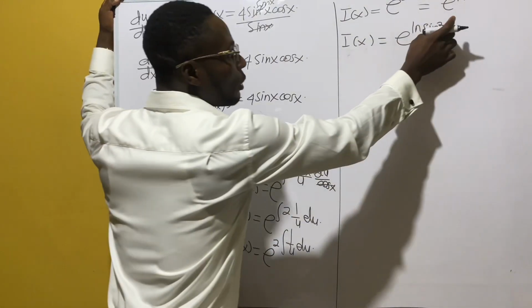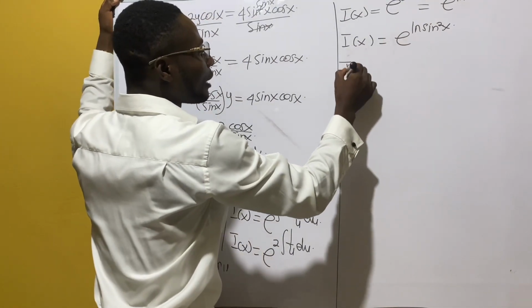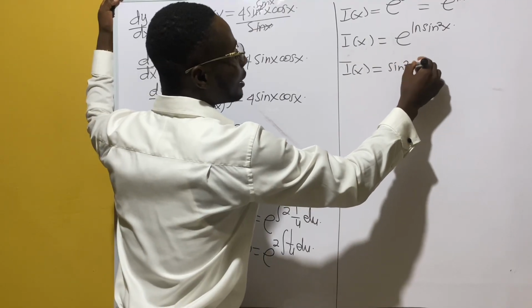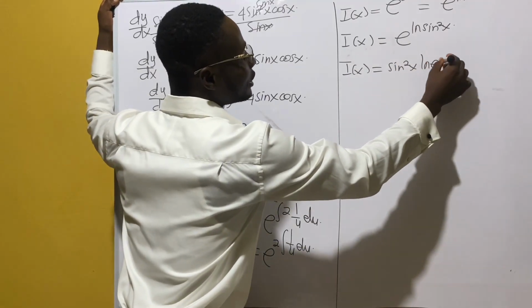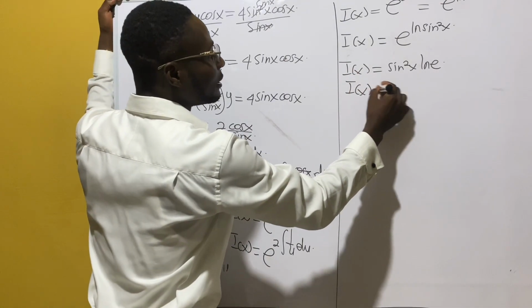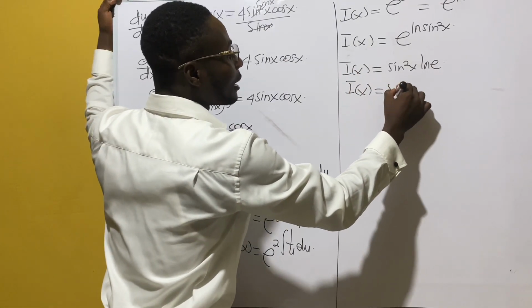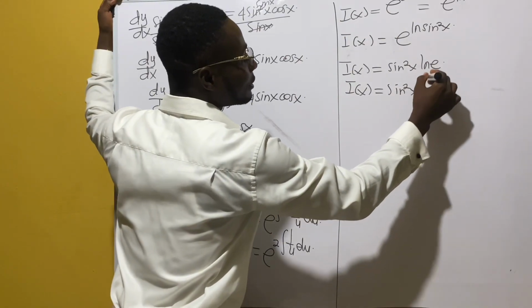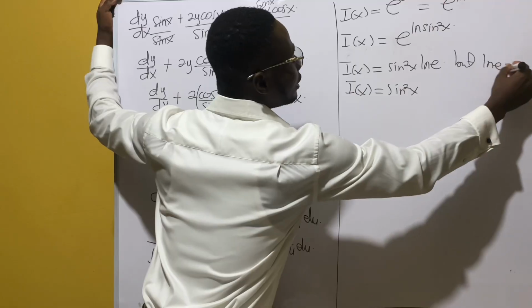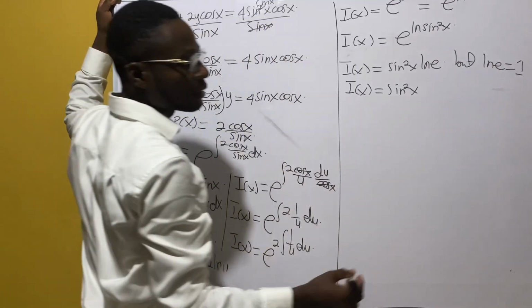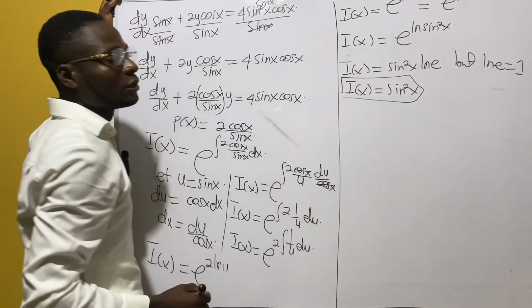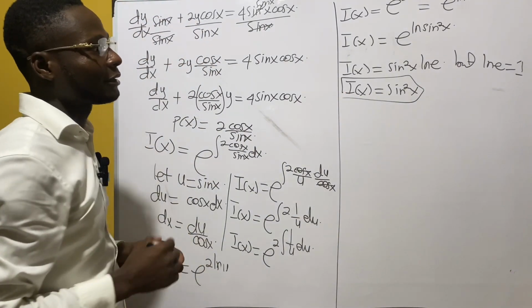So bringing this down, we have I of x is equal to sine squared x ln e. So we have I of x is equal to sine squared x, because we know that ln e is equal to 1. So we have our integrating factor to be sine squared x.